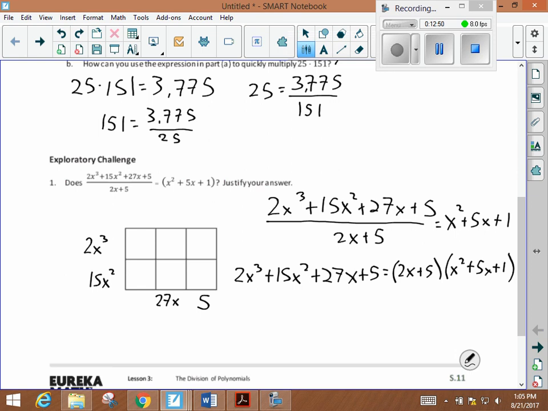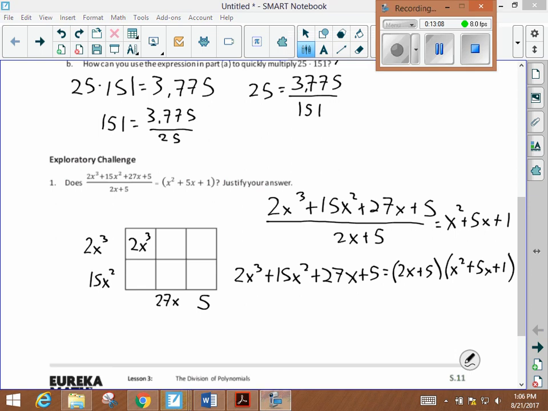So let's look. We know that inside here, that's got to be 2x cubed. That is a really easy one to figure out how to fill in. All right, but now we need to think about what we're actually trying to arrive at, right?